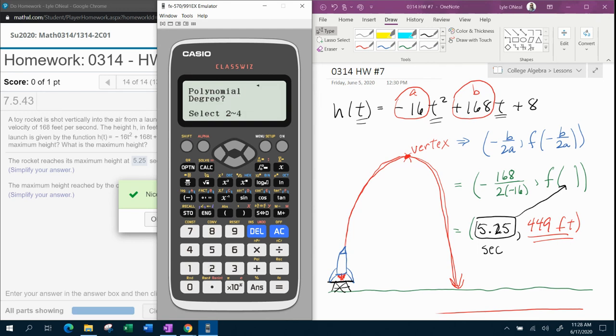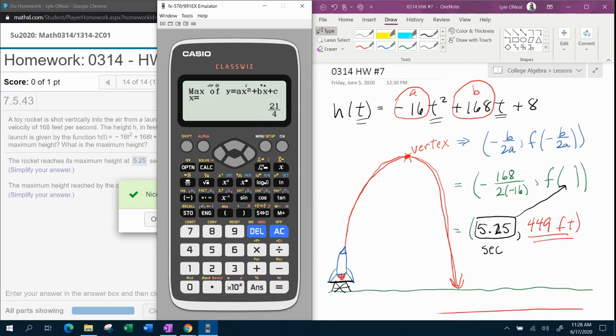It's quadratic, so it's of degree 2, and you just input the coefficients, negative 16, 168, and 8. And then if you hit equals, the x1, that is the x-intercept, x2, that is the second x-intercept, and then it says we have a maximum of 21/4.